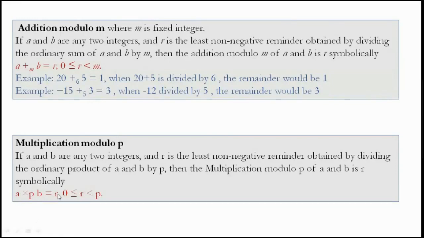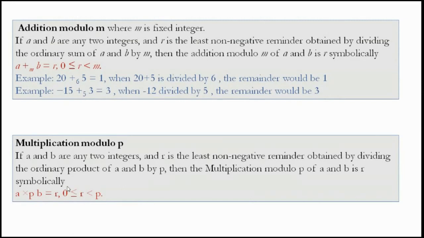Let's see some other number, for example minus 6 multiplication modulo 8 with b equal to 5. Here p is 8 and b is 5.